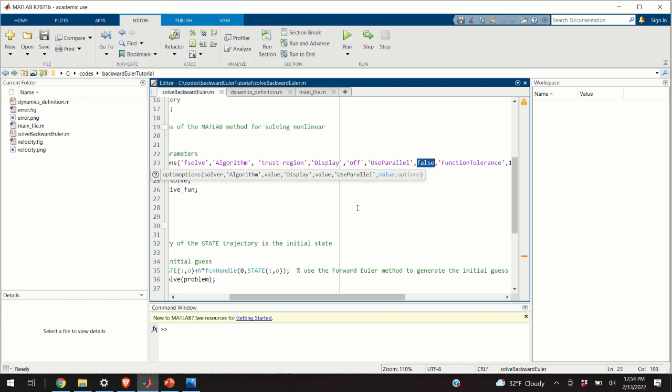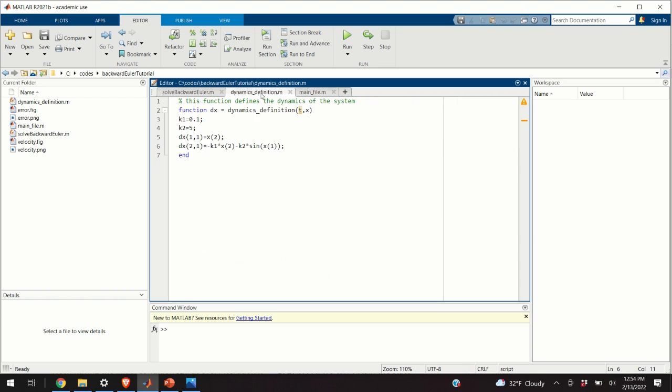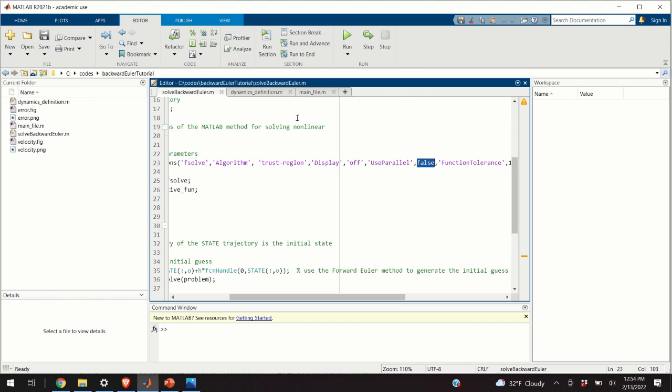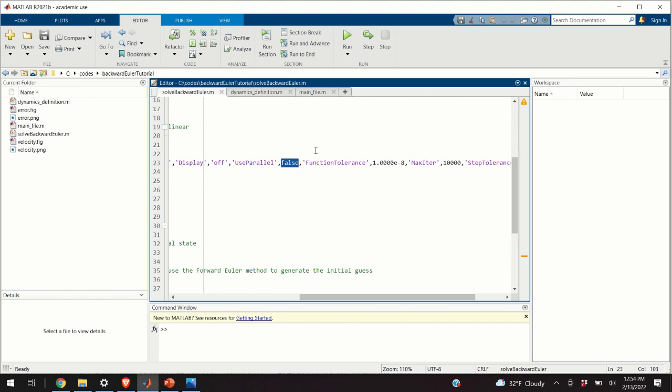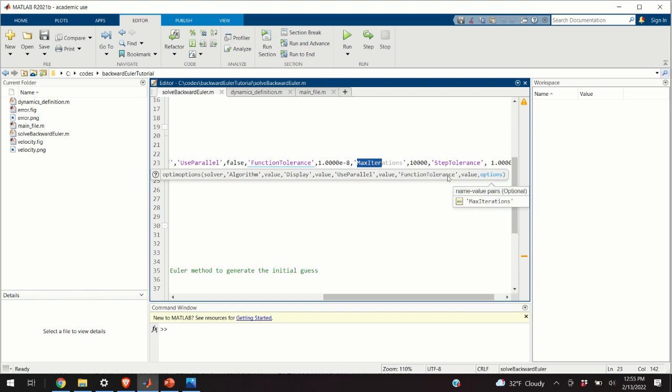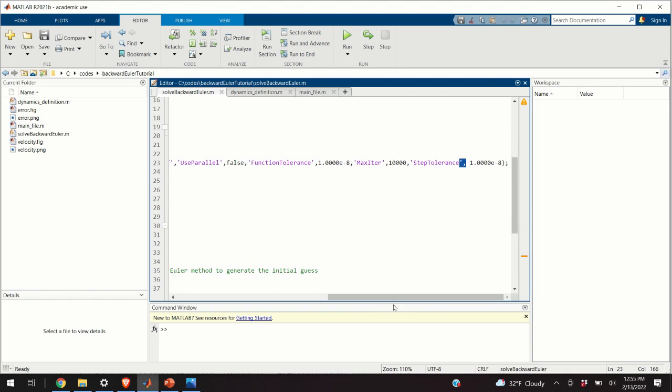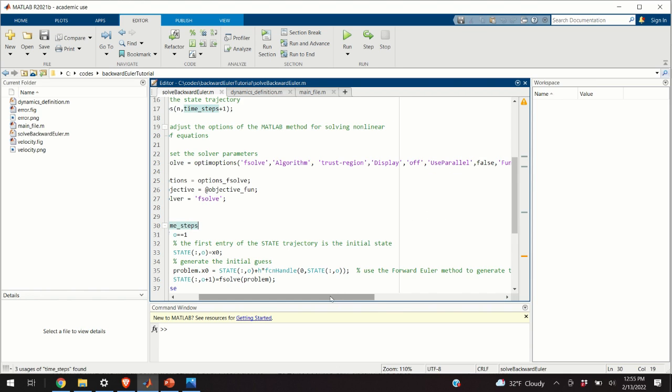However, if your problem is large, for example, if you have here 10,000 state space variables, then I suggest you specify here use parallel true. And here I specify function tolerances, maximum number of iterations, and step tolerances.